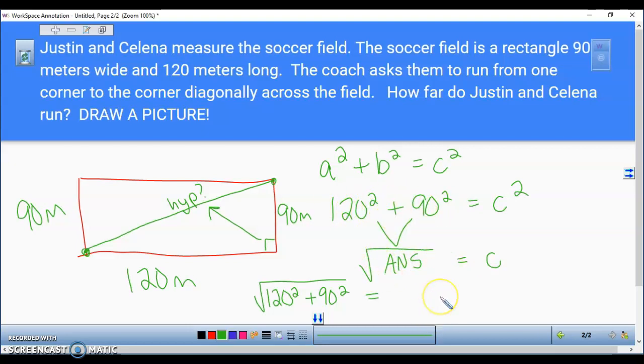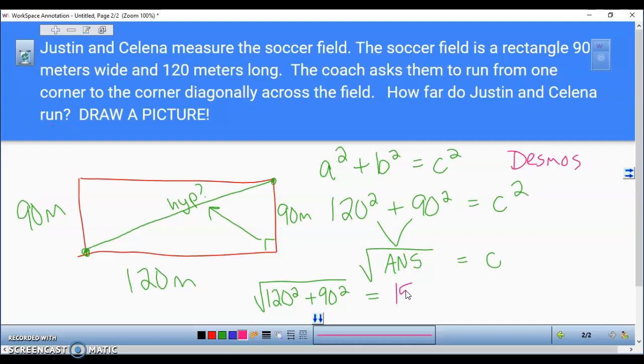But since you are using the computer on Desmos as a calculator, D-E-S-M-O-S, or I know some of you are using your cell phones, or whatever's the easiest for you, I'm going to use the shortcut. So the square root of 120 squared plus 90 squared gives me my diagonal length here, which is 150.